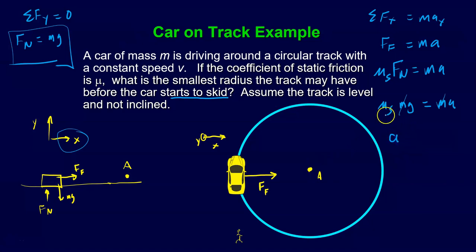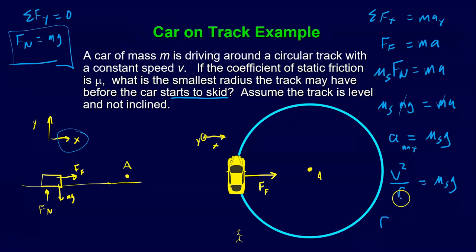And so we get here acceleration equals mu s times g. I'll call this the max. So this is the maximum acceleration we can have, mu s times g. And so our last step: we know that when we're moving in a circle, we have centripetal acceleration, v squared divided by r equals this mu s times g. What they wanted to find here is the smallest radius that we can have before the car starts to skid.